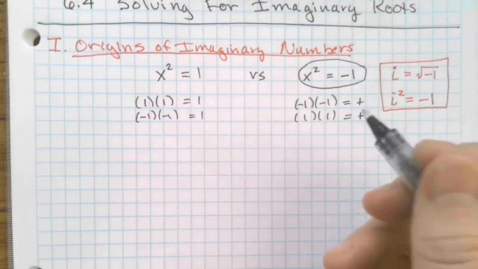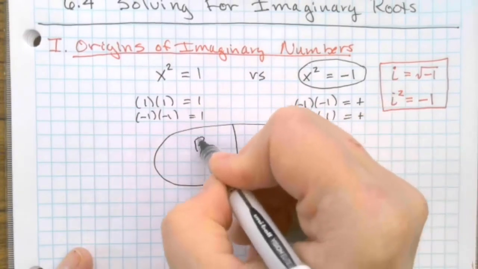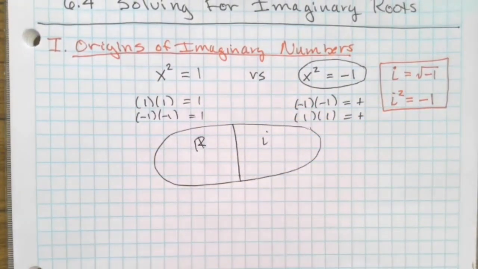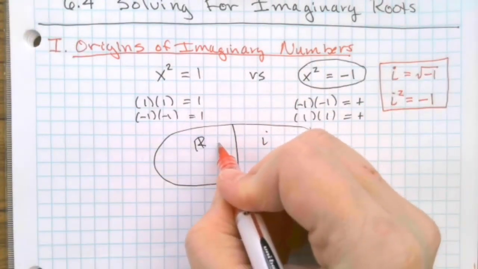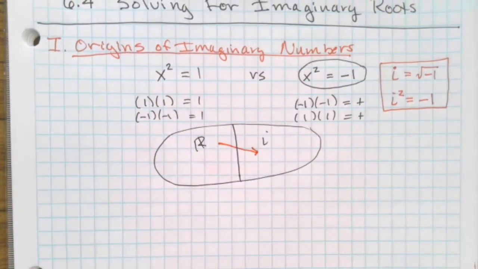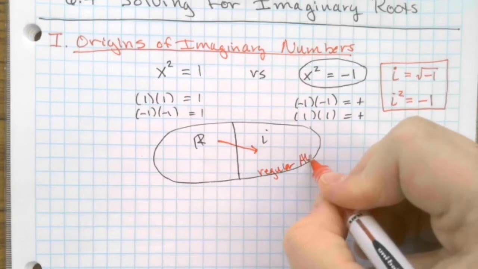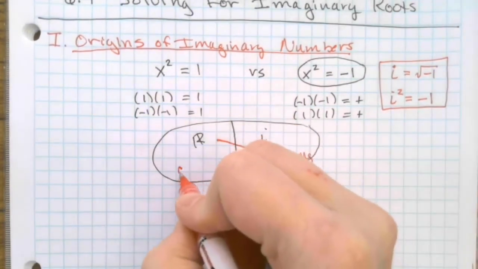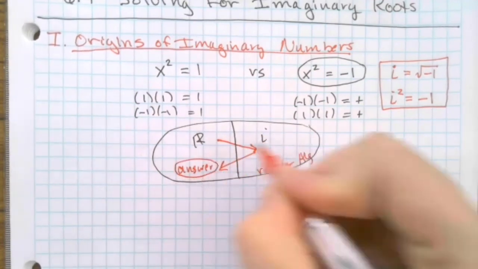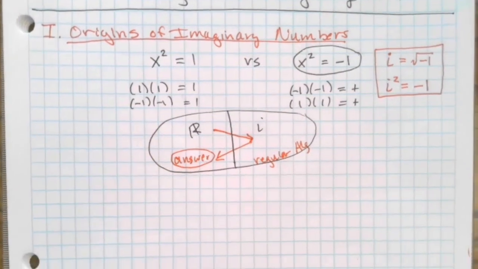Well, what they found is that even though imaginary numbers and real numbers are completely different sets of numbers in the grand scheme of things, sometimes when you start with a problem, you go to imaginary, and then you use regular algebra, nothing special. Sometimes you'll end up with a real answer. And that's where imaginaries started gaining a foothold, which is there are some things we can do with imaginaries that end up with real answers. That's where it comes from.